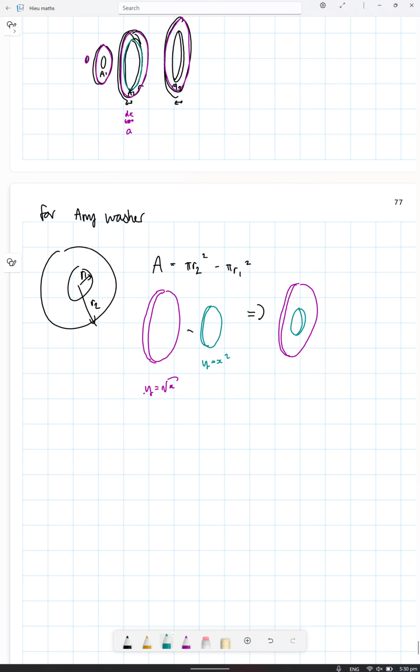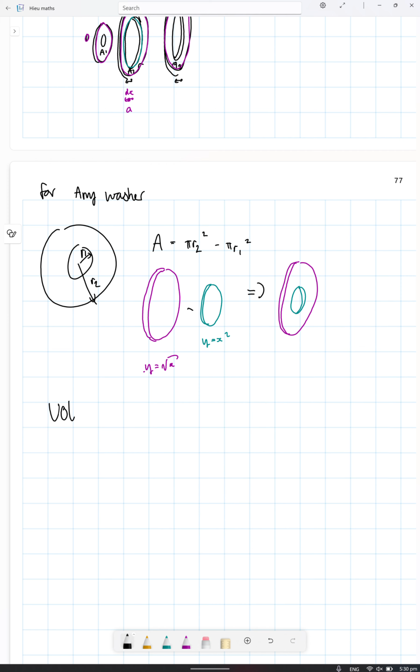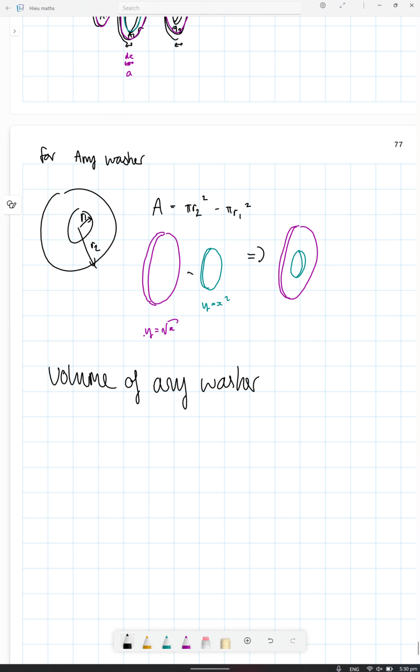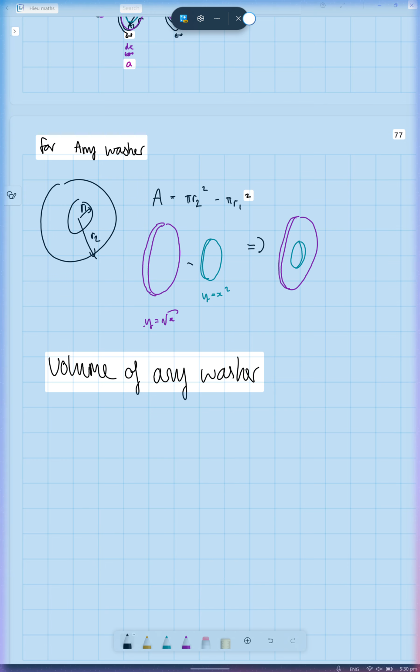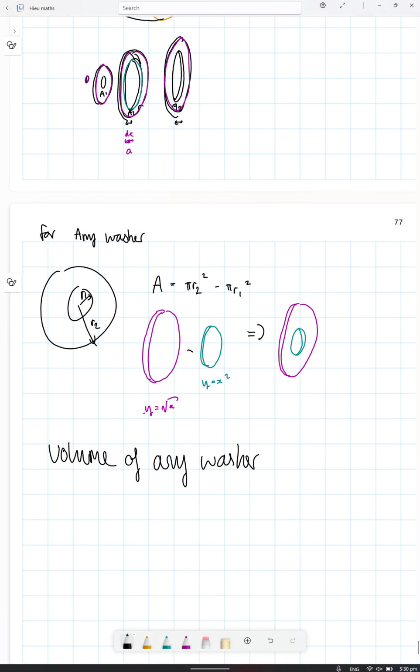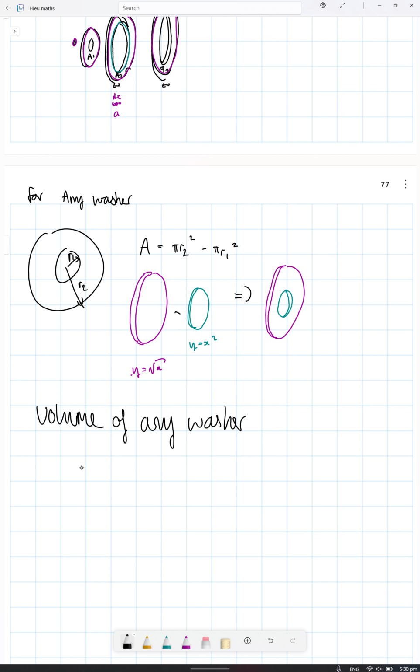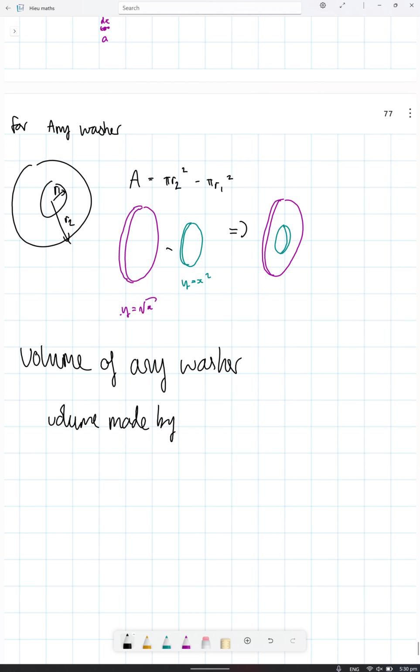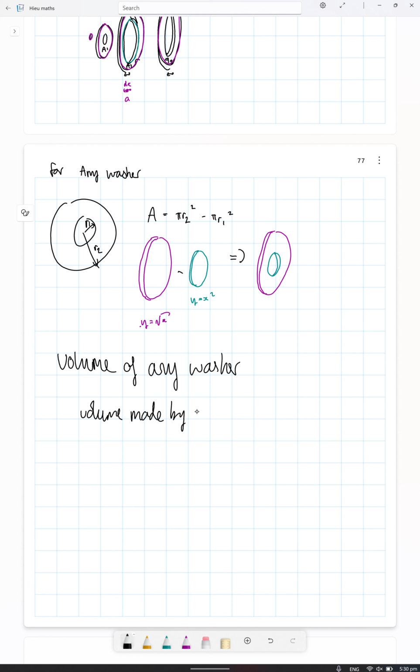The volume of any washer is given by the volume made by y equals root x, because it's on the outside, minus the volume made by y equals x squared.